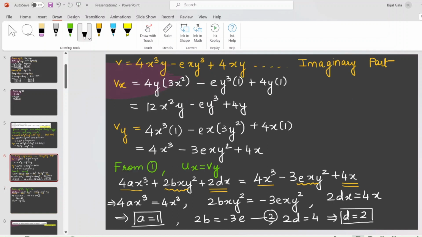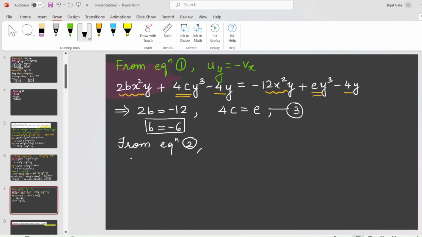So equation 2 gives me 2b is negative 3e. So 2 times negative 6 is negative 3e. The negative sign gets cancelled. 12 is 3e, which implies e is 4. I put this value in equation 3.